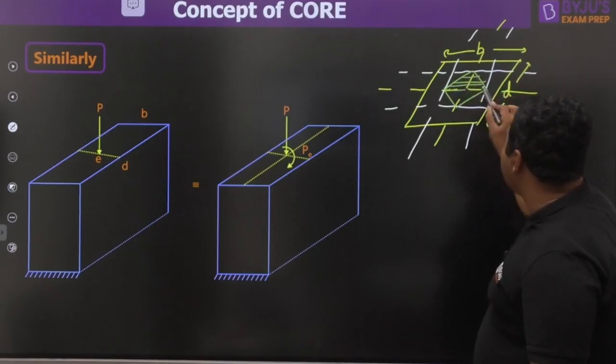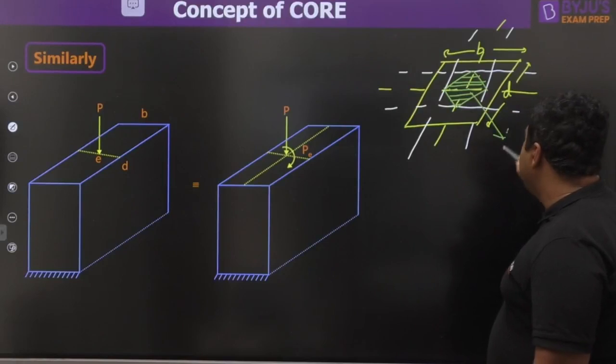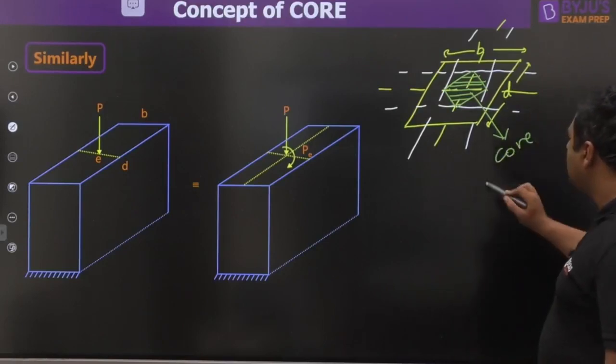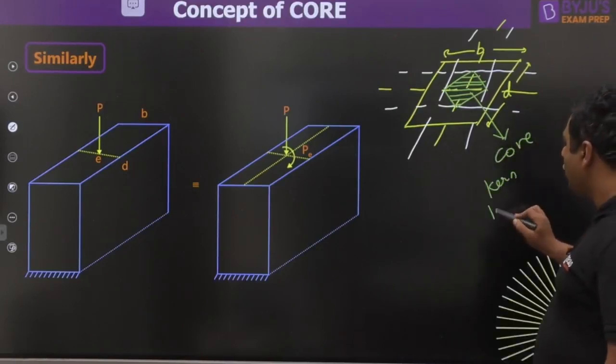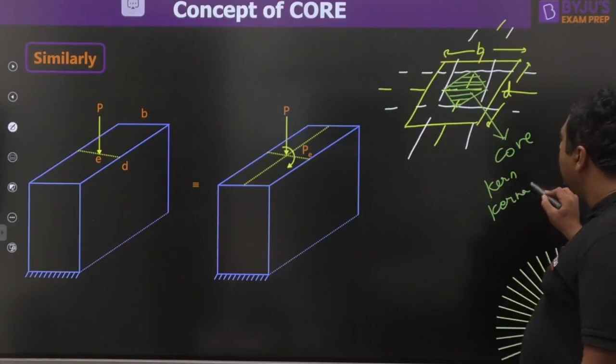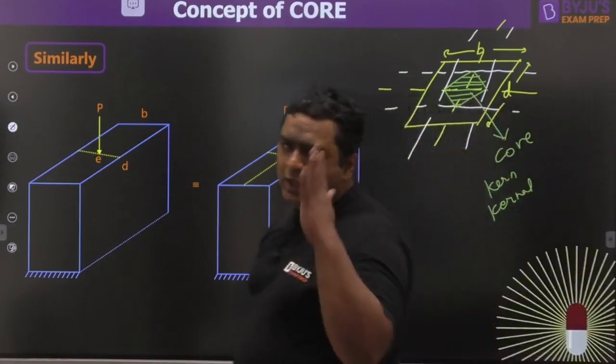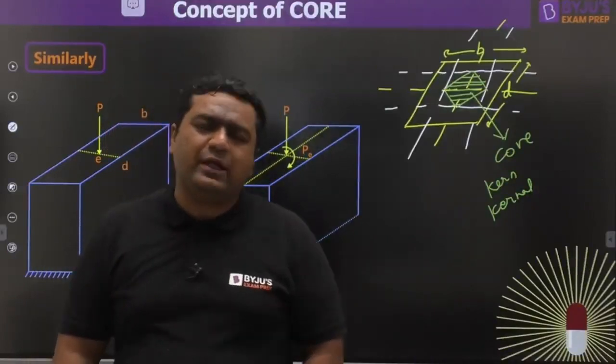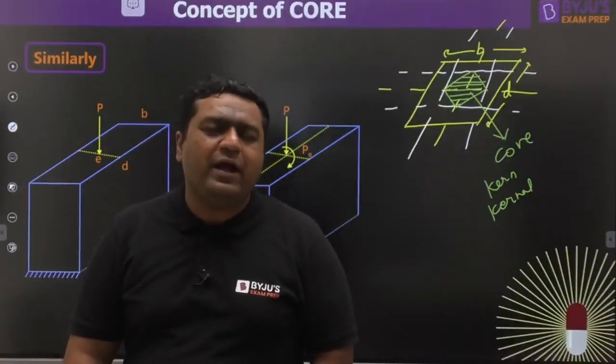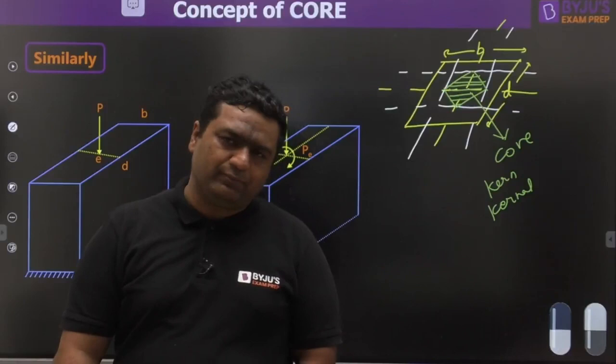This is the region which is said to be the core or kern or kernel. Anywhere in it you take your load, you will find there is no tension in the column.